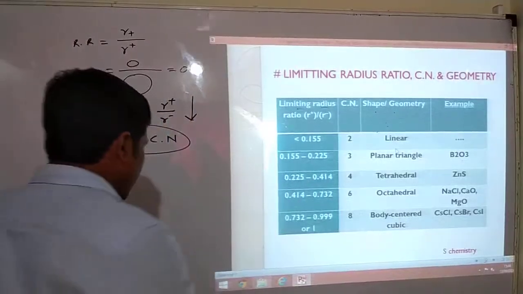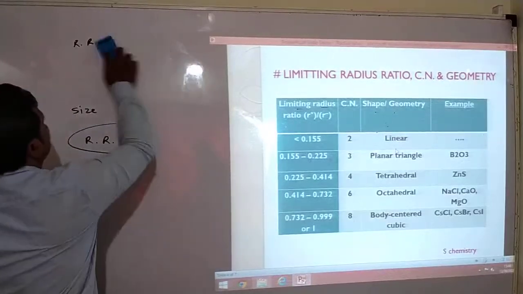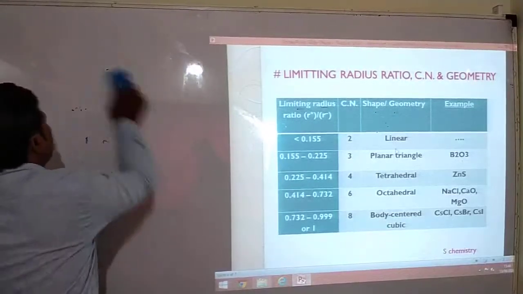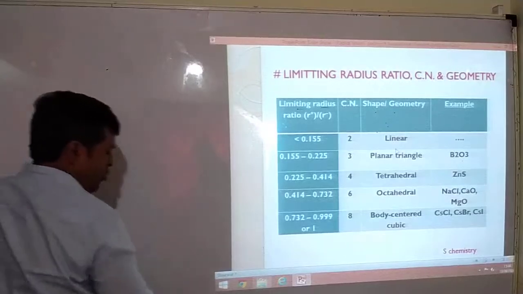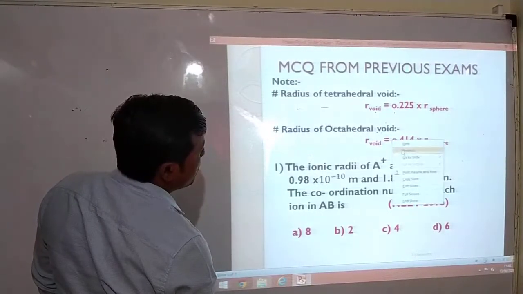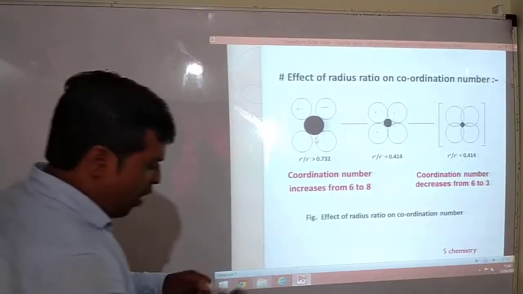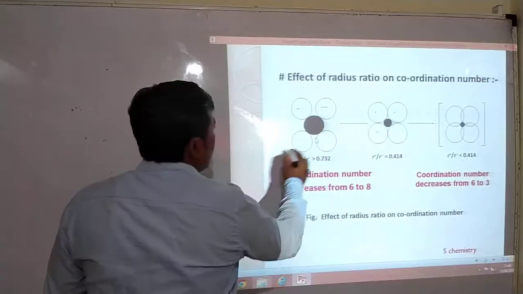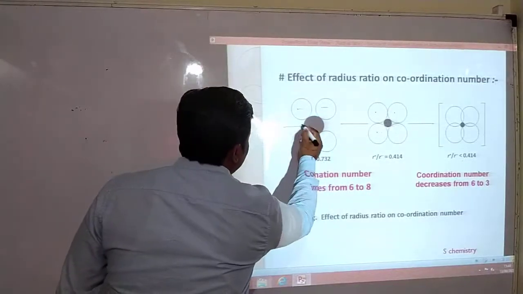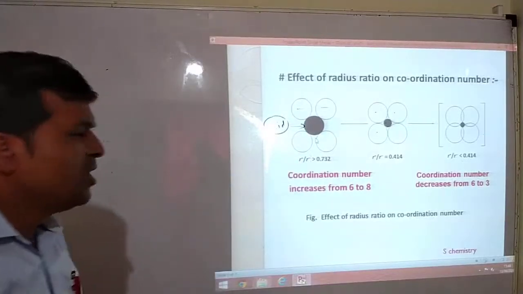You must know the radius ratio, lower limit and upper limit. So if you go back to the previous slide, what do you observe? If you observe this black circle, we can say sphere, now it is called a void.